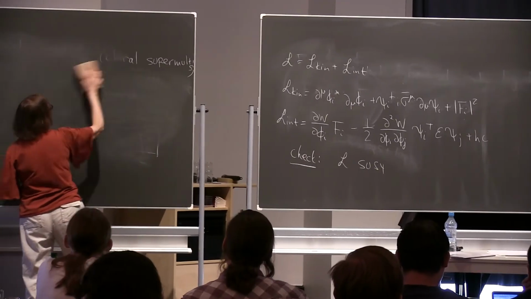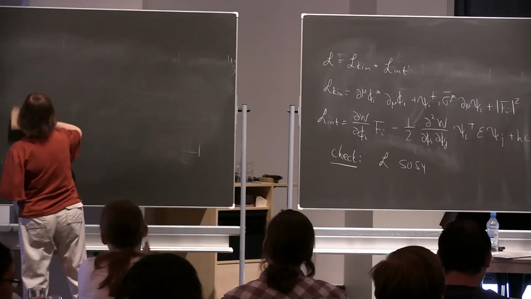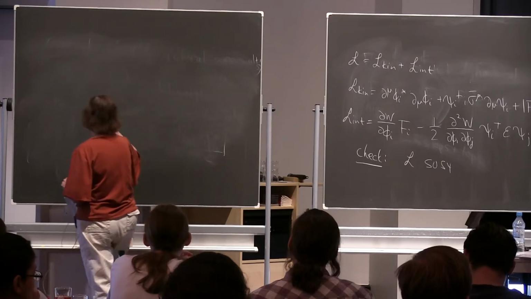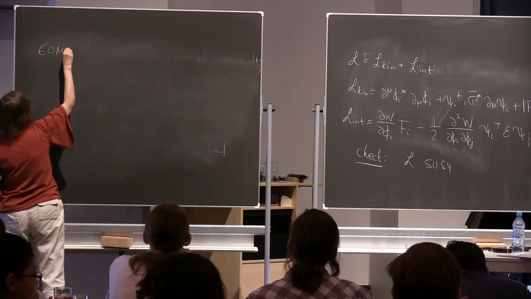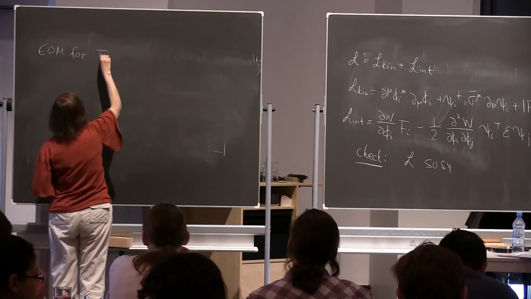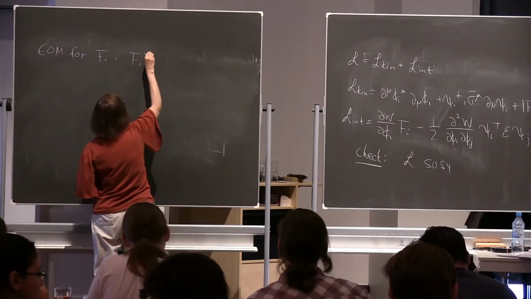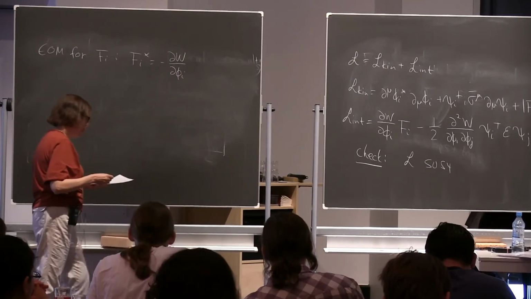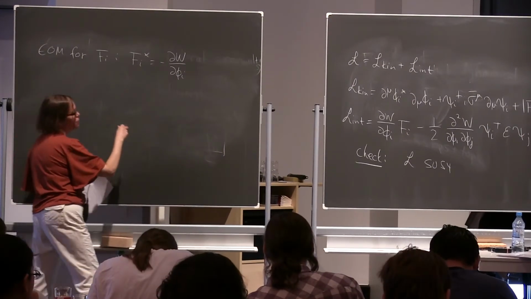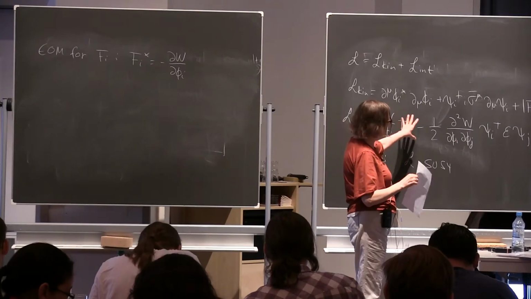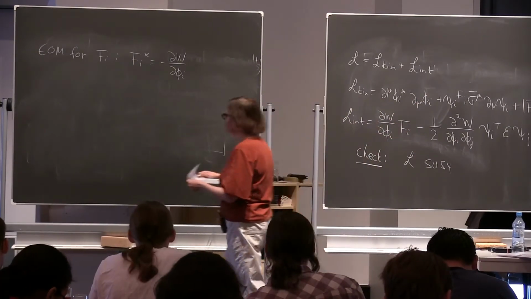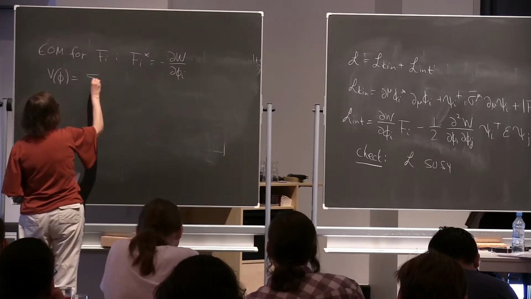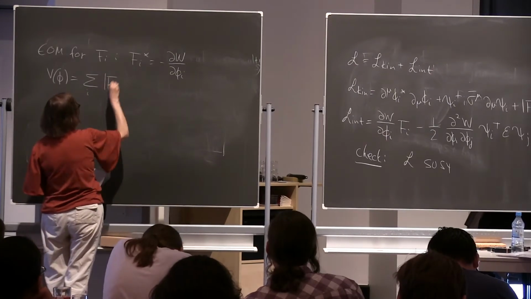Okay, so now with this bit of formalism, we can really derive all the previous results that we have. So let's see how all the results that we had previously come up in this language. So the first thing to note is just the thing that I started to say now. If I impose the EOM for F_i, I find that F_i^* is given by −∂W/∂φ_i. And then when you substitute that back into the Lagrangian, you will see that the scalar part, namely the scalar potential, is just given by the sum over i of |F_i|^2.